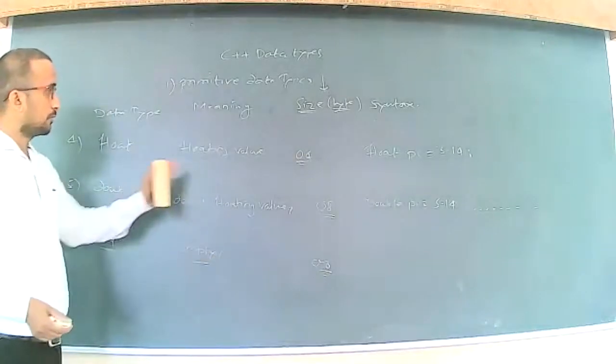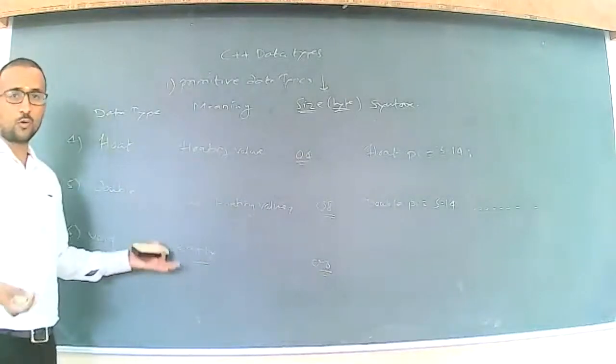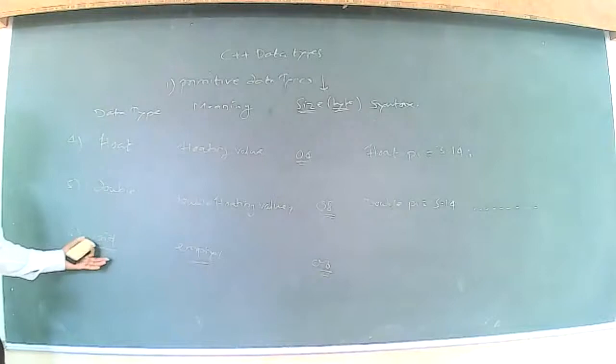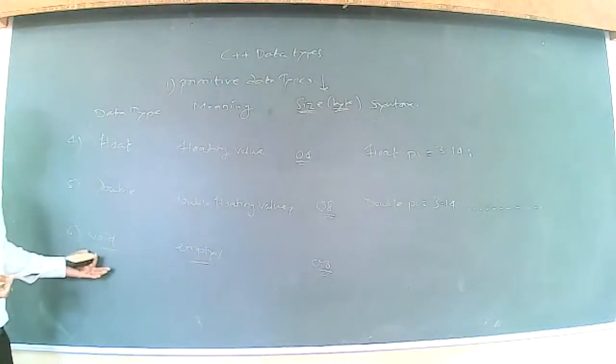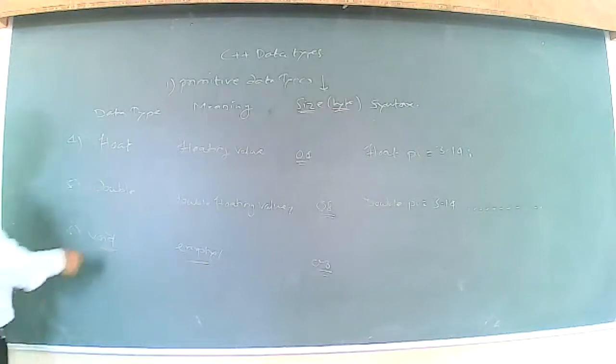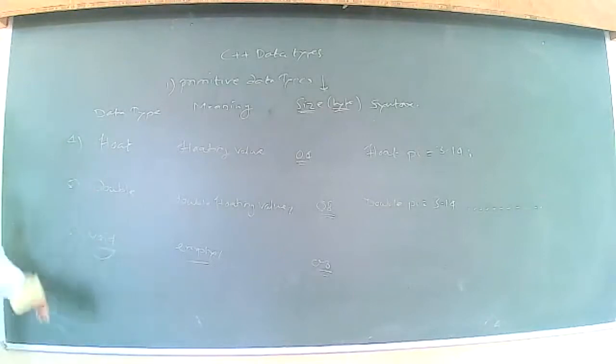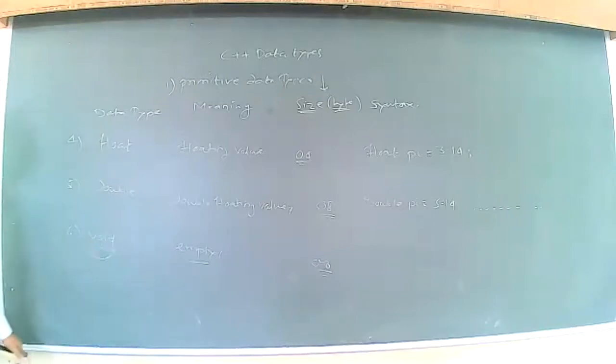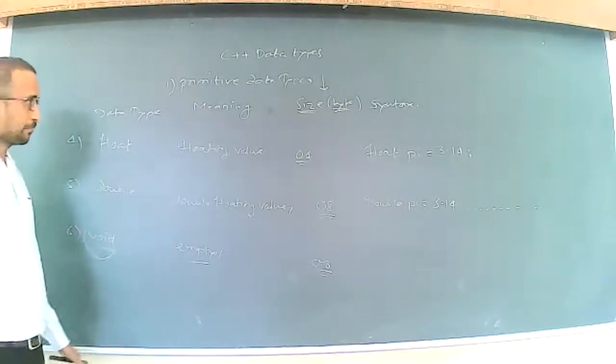Right? No size will be occupied by a variable declared with void. Actually, we are not going to use it to declare variables. It can be used only before your main statement. Then there are some methods or functions where you can use this void data type.